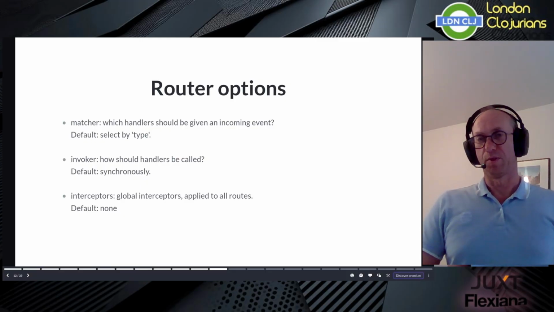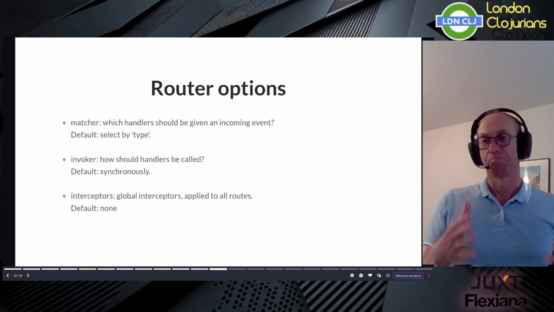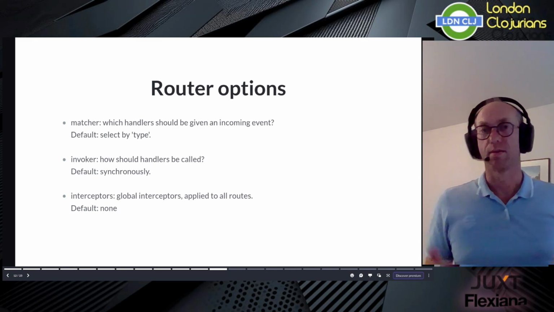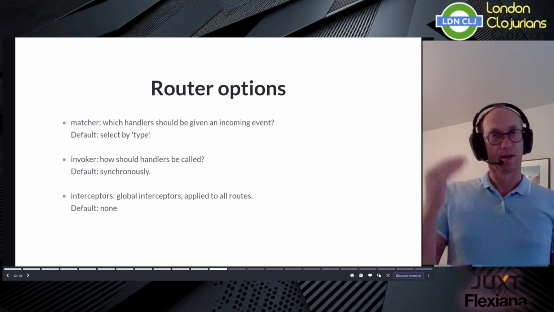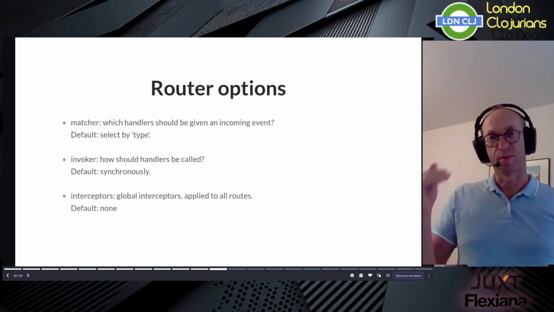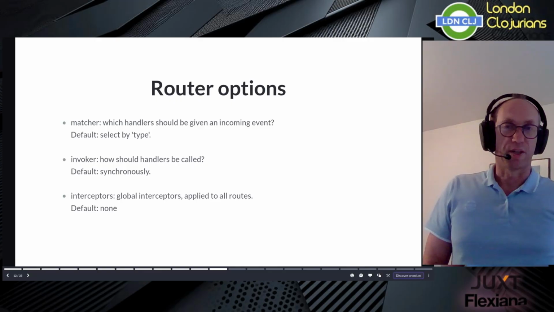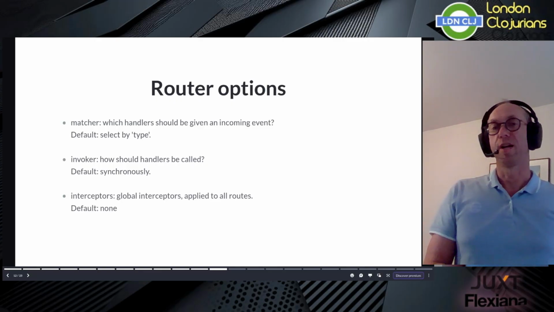The second possible option is the invoker. So once you have your list of handlers, how should they be called? The default is one after the other. So if you have 5 handlers for a single event, first one, then a second, and so on. An alternative implementation, which is also provided in Mailman, by the way, is doing them in parallel.